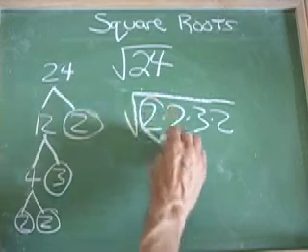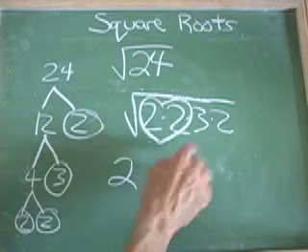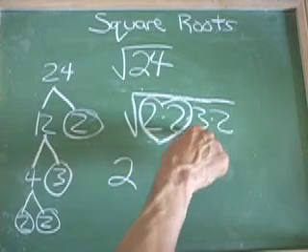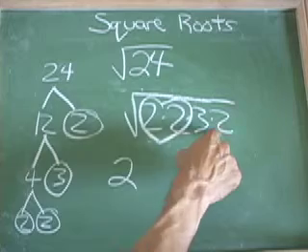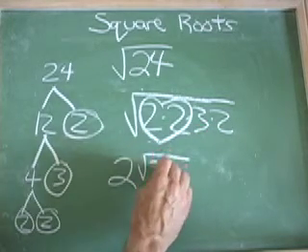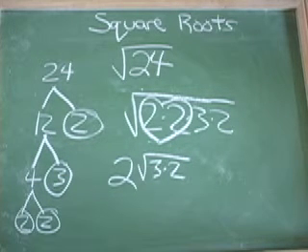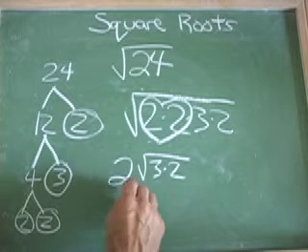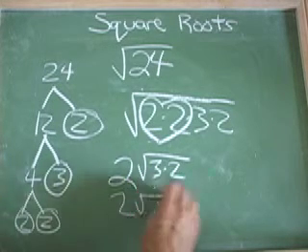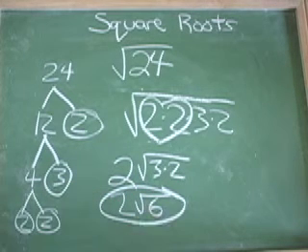Those two 2's fall in love, so they come outside and become 1. Then we have 3, oh, there's one 3 left, and there's one 2 left. So now that 3 times 2, you can write it first like this if you want. They don't come outside the singles bar because they're singles. They haven't found their mate yet. So then that just becomes 2 square root of 3 times 2, which is 6. And there's your answer.